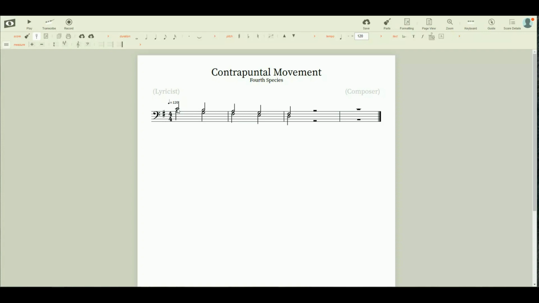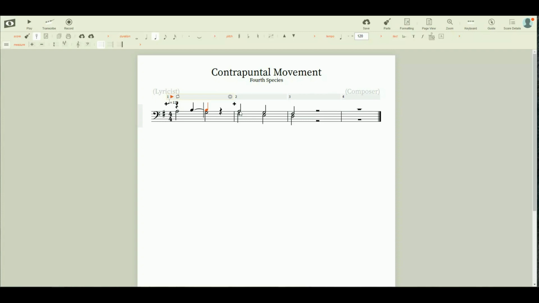So we're going to get rid of this A, and we're going to take this G and shift it over here, and tie it over to a G. We used to have a half note, now we have a half note, and you can think of this as shifting a half note over here. So instead, it's two quarter notes tied together, but it's basically the same rhythmic value as a half note.